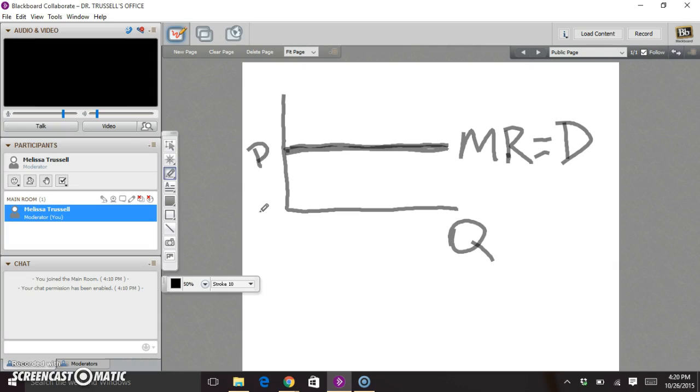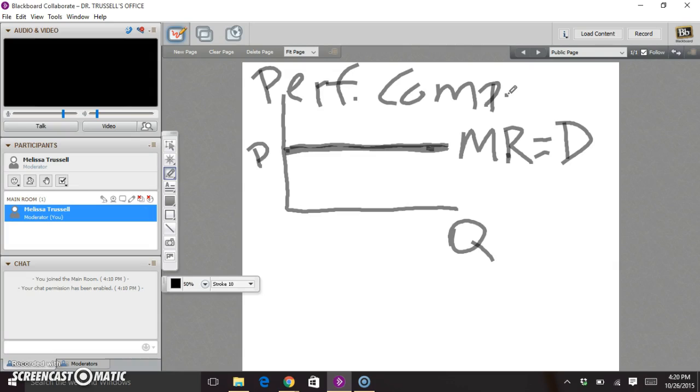So my price is always this horizontal line, regardless of the quantity demanded from me, or the quantity that I supply, for that matter. So that price line is equal to my marginal revenue, which equals the demand. And this is in a perfectly competitive market. So perfect competition. There we go.